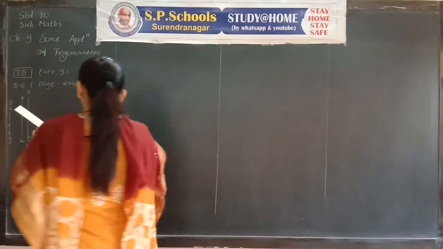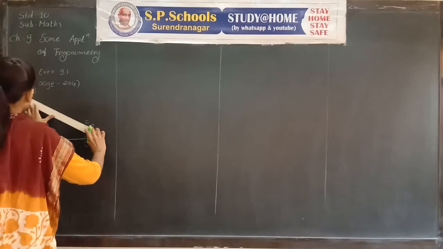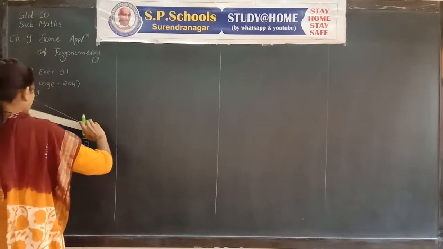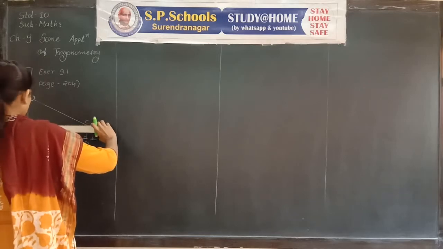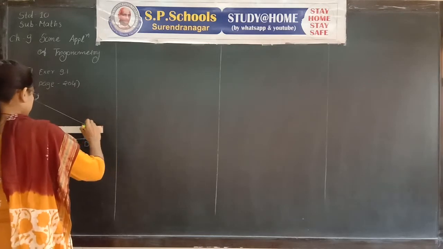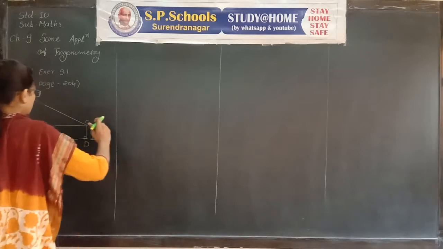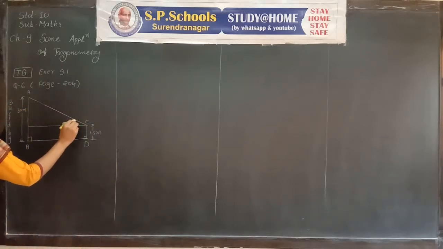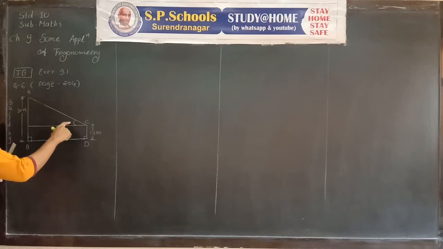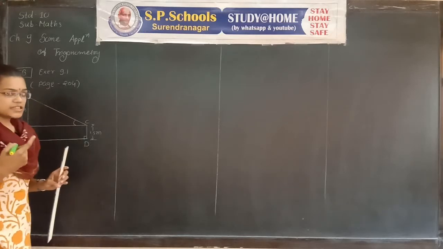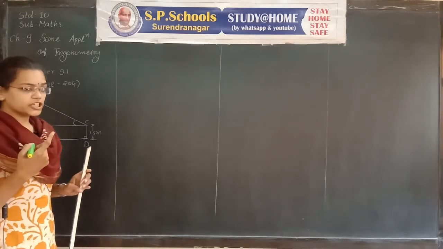One line of sight from C to A, and from C one parallel line to BD. The line of sight and the horizontal, the angle between them is called the angle of elevation for the top of building A. Now the angle increases from 30 degree to 60 degree.